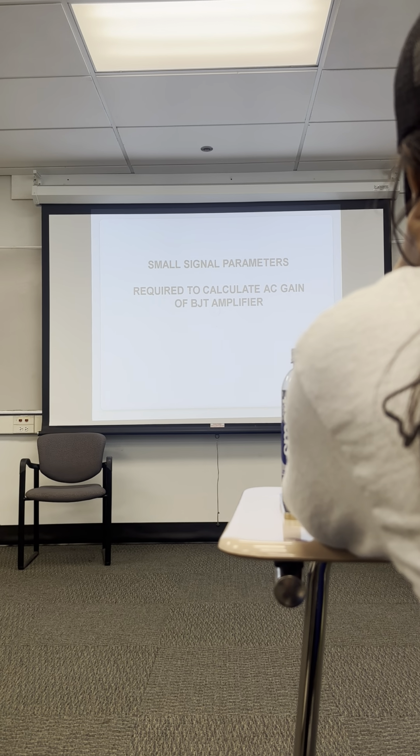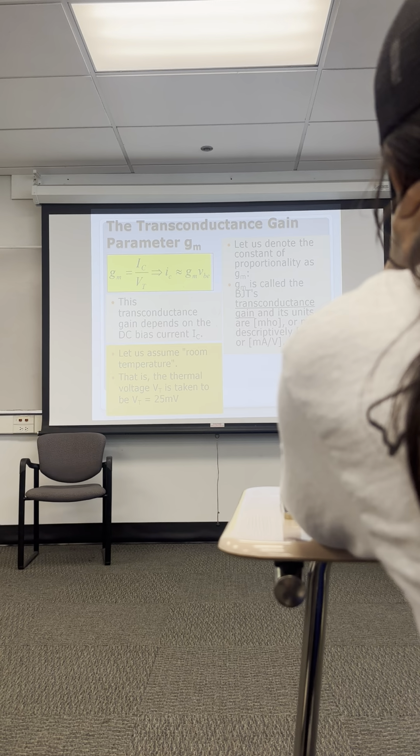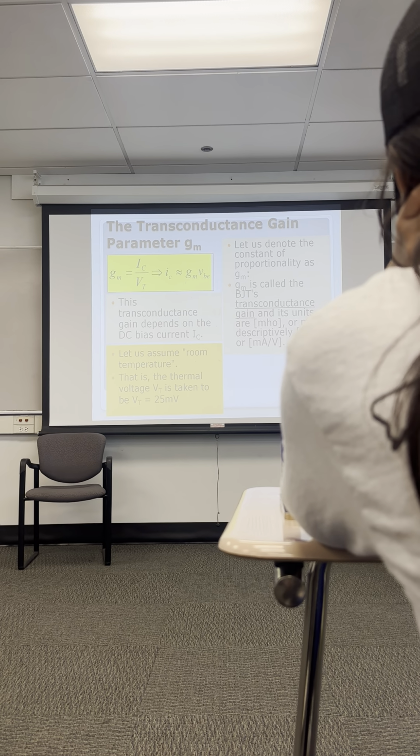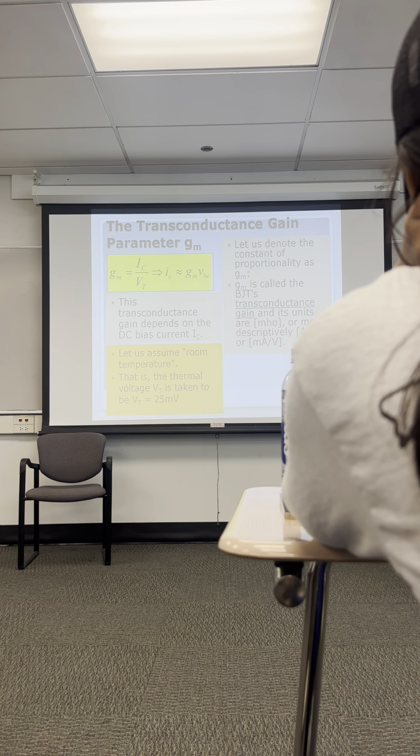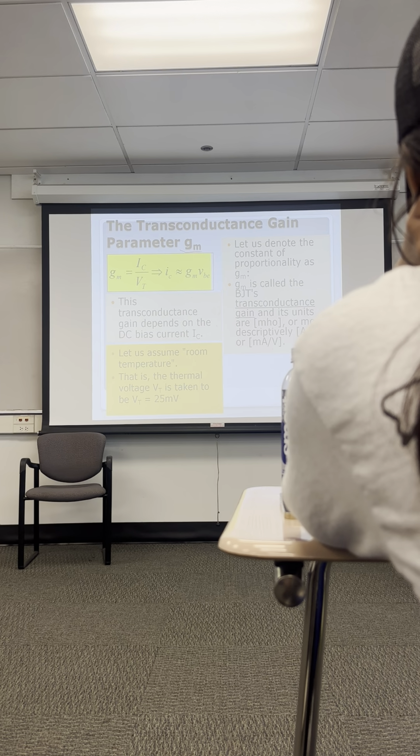Now these small signal parameters, we need to use them to calculate the gain of the amplifier. So definitely make sure these equations are on your exam formula sheet. Transconductance, g sub m. g sub m is equal to I sub C over V sub T, and V sub T is 25 millivolts.